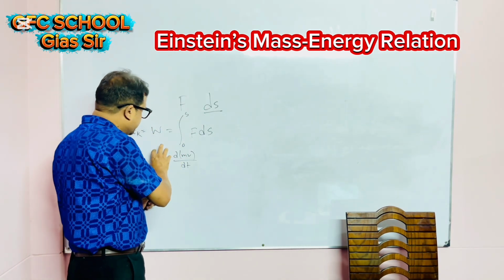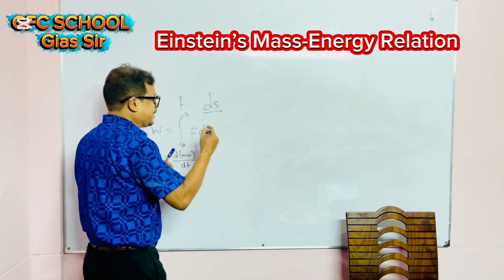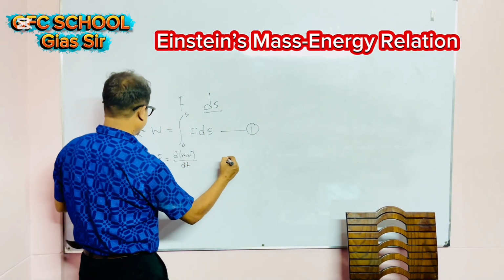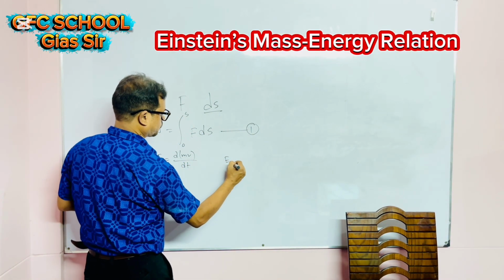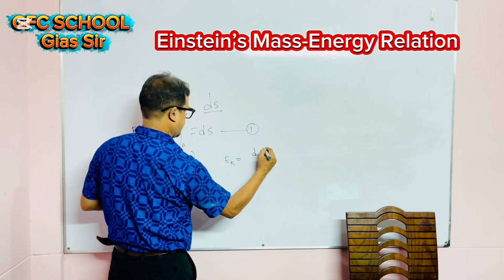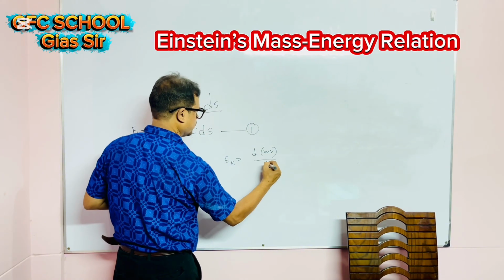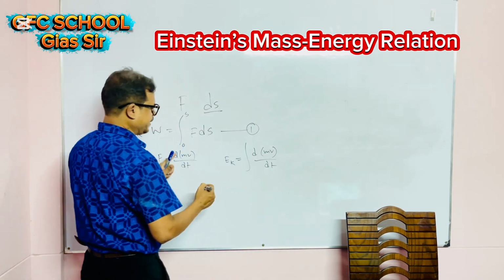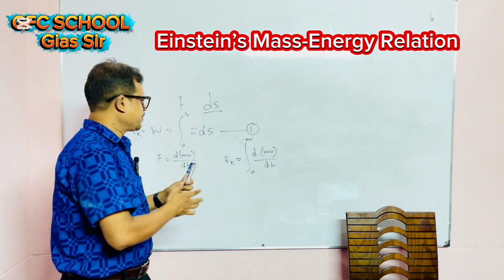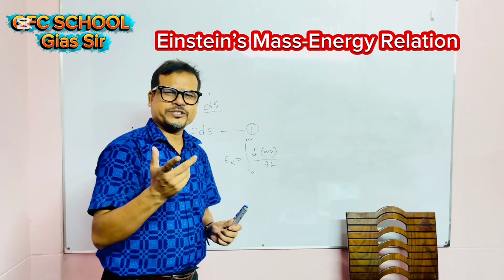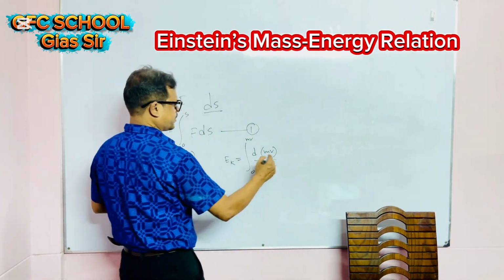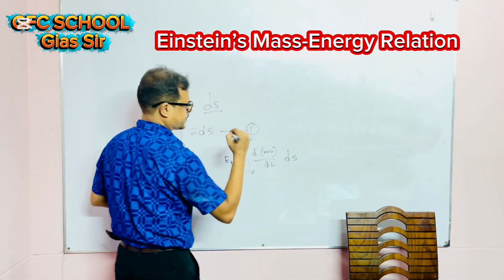We got the force F, and in this equation we can put it. That means E equals the integral of d(mv) upon dt times ds. Now the limit of integration will be mv, not s, guys, because here the momentum is changing with time.